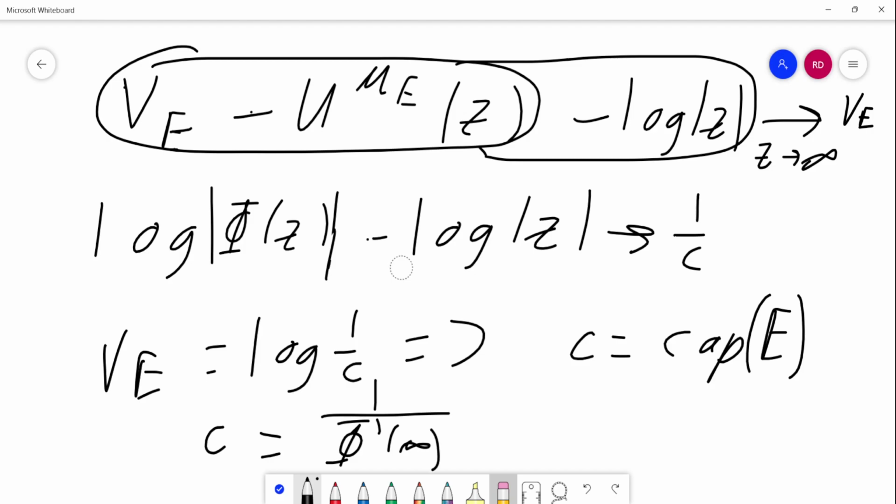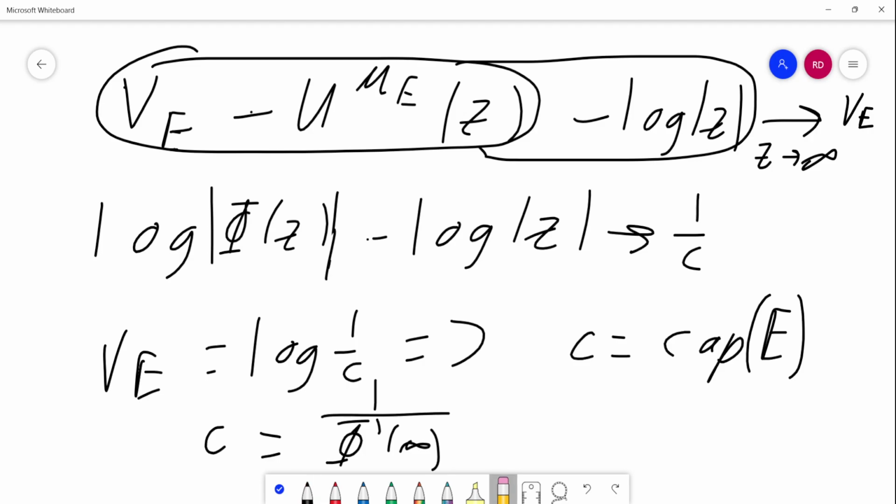It's a good thing we said earlier that phi prime has to be greater than 0, so c is a positive number and defined. That was in the theorem we showed earlier: the unique Green's function has to have that derivative positive.